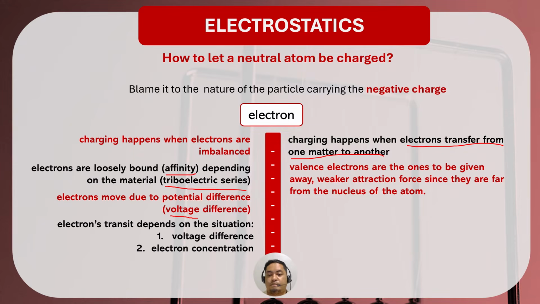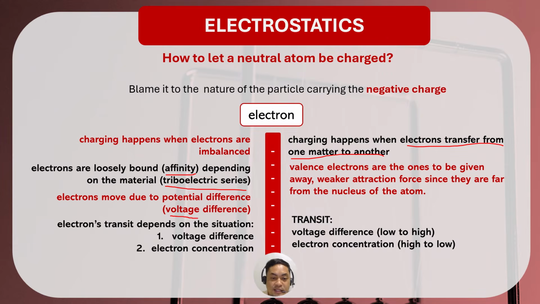And in terms of electron transit or movement, it depends on the situation. We have one if we talk about voltage difference. The second one, we will have the electron concentration, although they are just mainly connected.